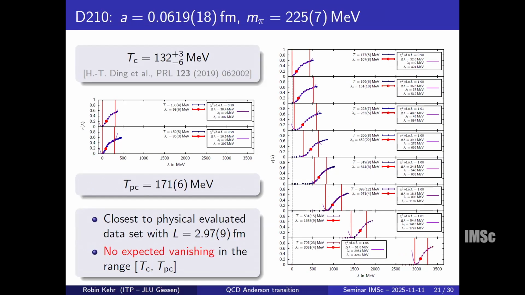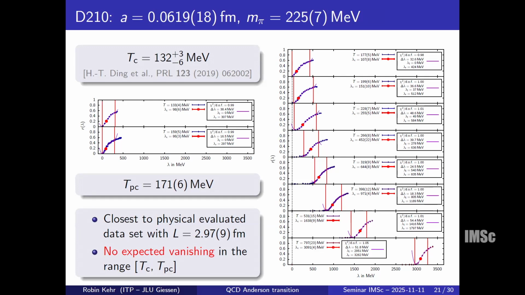And now we go to the lattice closest to physical, where we're now at 225 MeV pion mass. And also what is important, the volume is larger than for the other ones. Here we have the chiral phase transition temperature in the chiral limit, which we were just talking about, from an independent calculation.